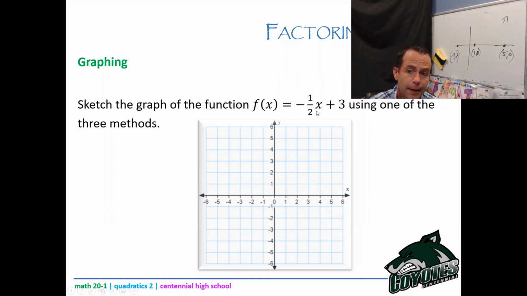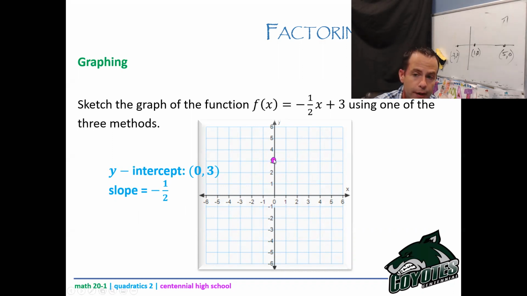So I see that my m here is -1/2. That's my slope. That will cause me to go from one point, I'll go down 1 and right 2, down 1, right 2, okay? And I know that my y-intercept is 3, so that's where I'll actually start. So I know the y-intercept is at 0, 3, and my slope is -1/2. So I mark a point at 0, 3.